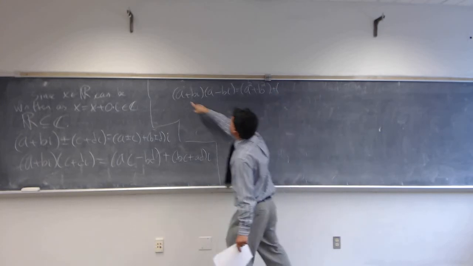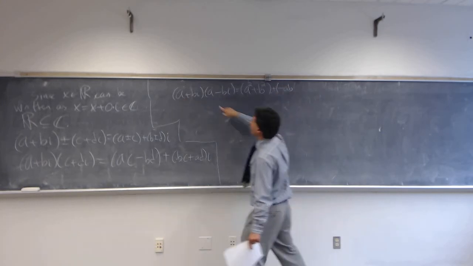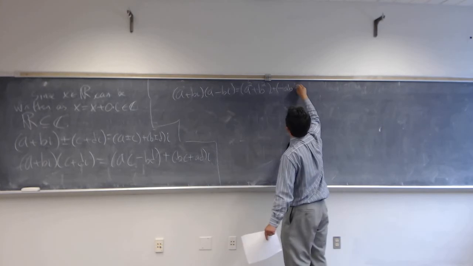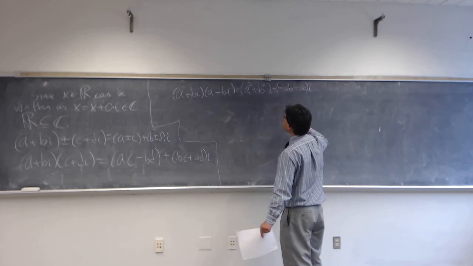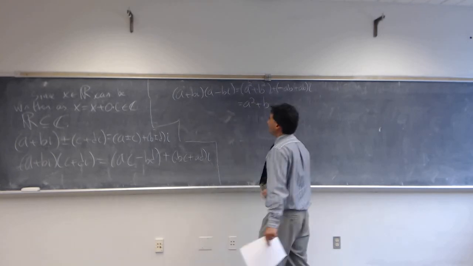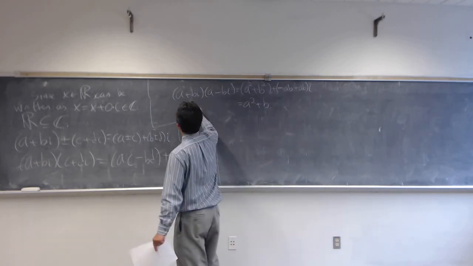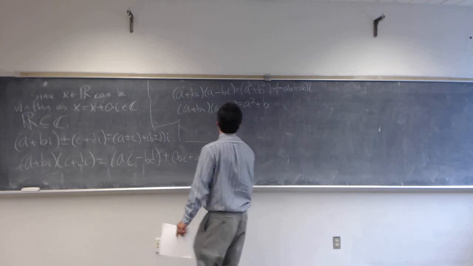And then we get a times negative b, negative ab, plus b times a, plus ab, which cancel, so the imaginary part is 0.